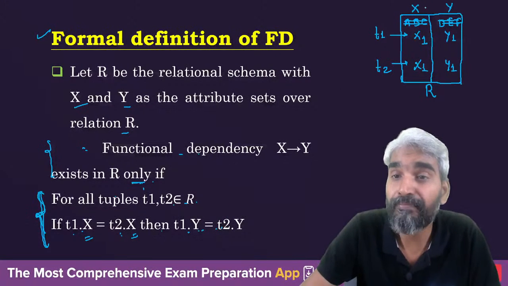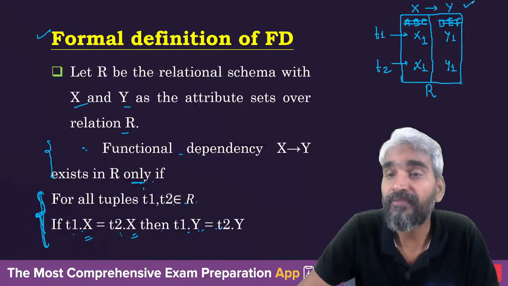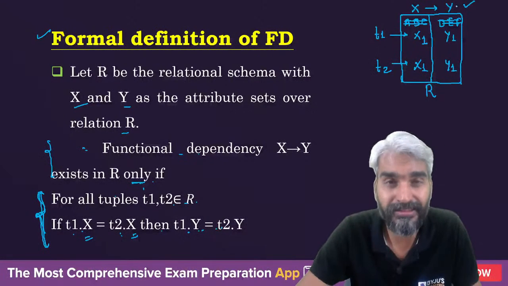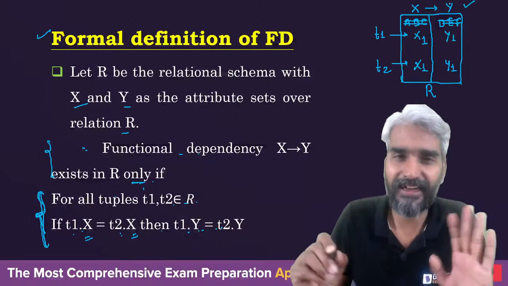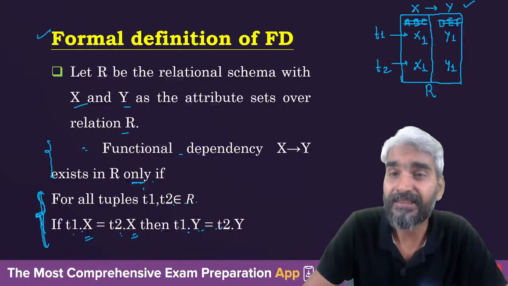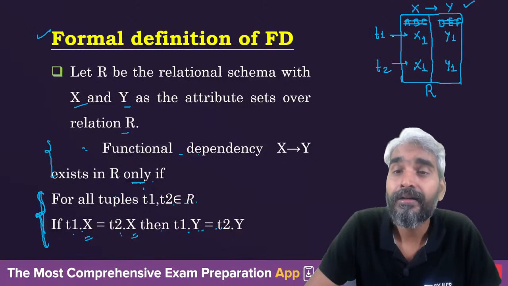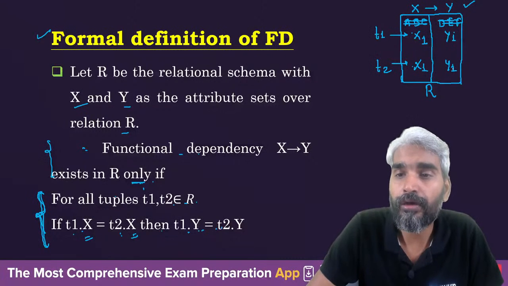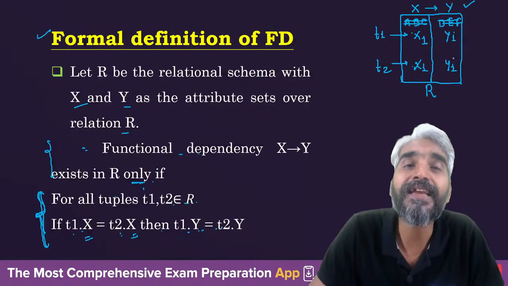So if X implies Y exists, try to understand this. I'm going to show that this FD does not exist, but first let's understand that if X implies Y exists, then whenever the values of X are the same, the values of Y should also be the same.